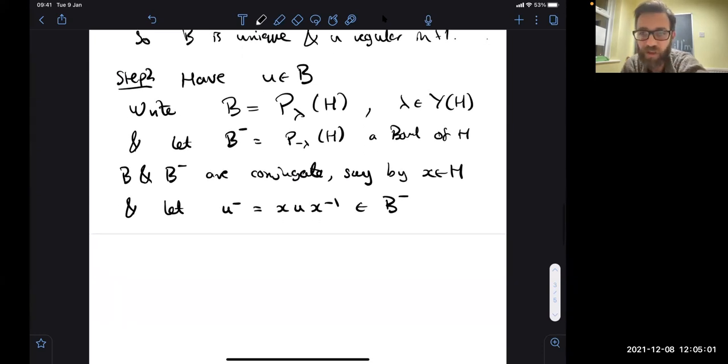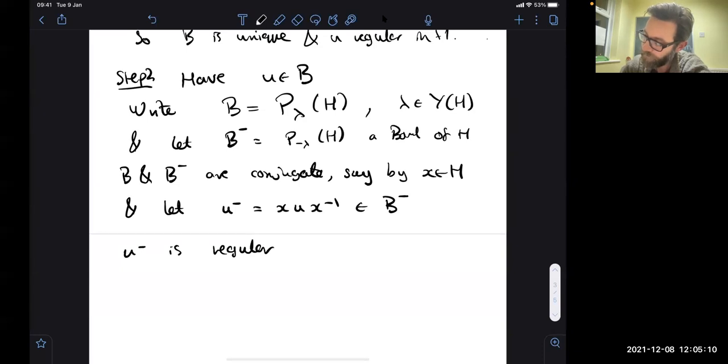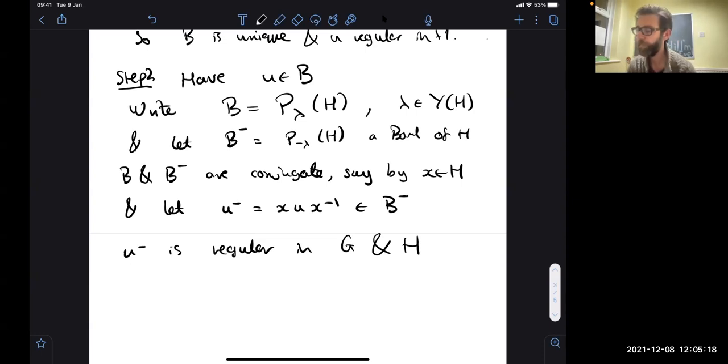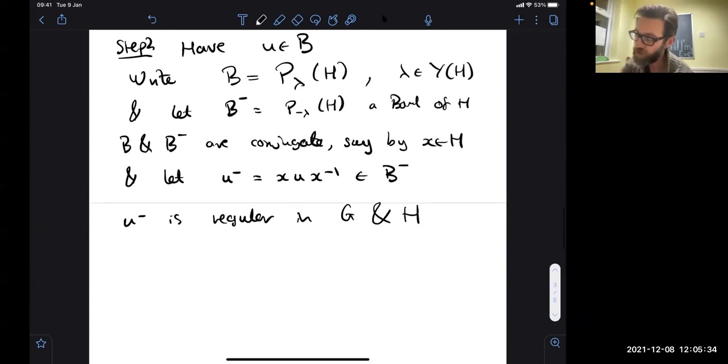So U minus is a conjugate of U. U is regular in G and in H. So U minus is also regular in G and in H, because it's conjugate to U. Okay, so that's inside H. I've got this sort of symmetrical picture. I've got B on the positive side and B minus on the negative side, and corresponding regular unipotent elements U and U minus. And I want to blow this up to G.